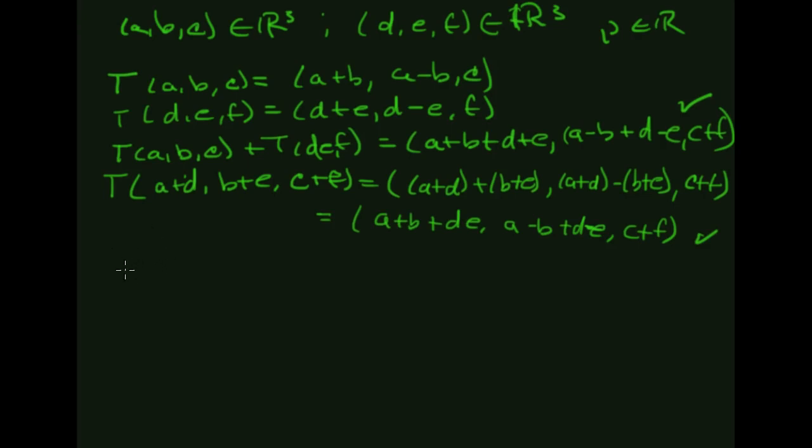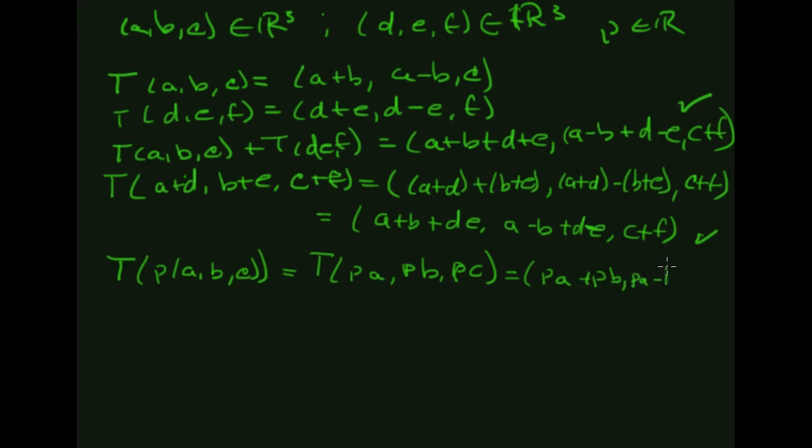Now we need to see if it works under scalar multiplication. So we take T of P times (A, B, C), which is going to give me T of (PA, PB, PC), which gives me (PA plus PB, PA minus PB, PC).